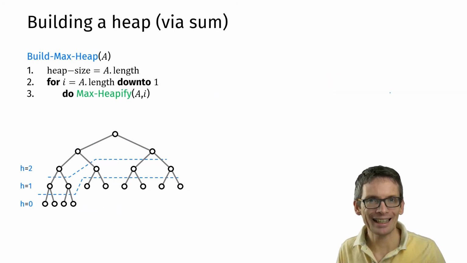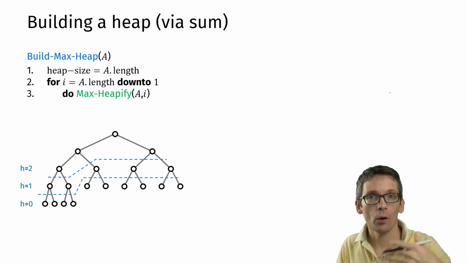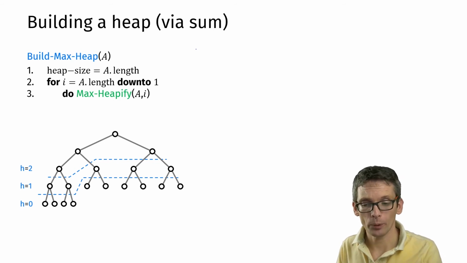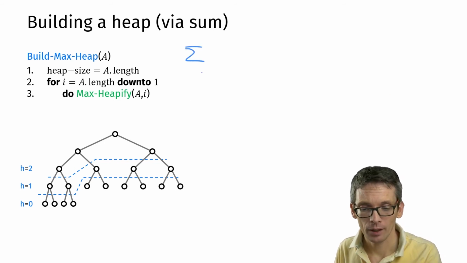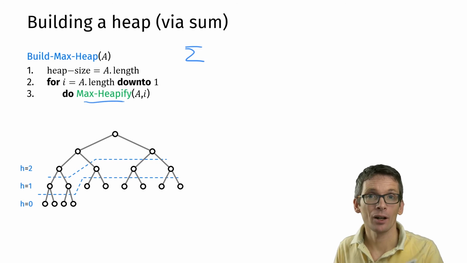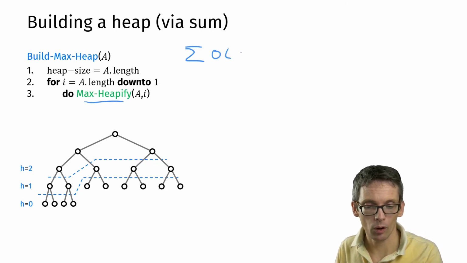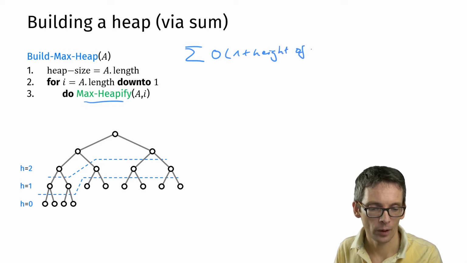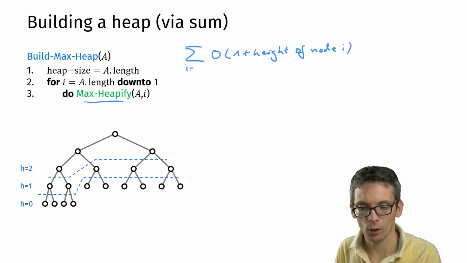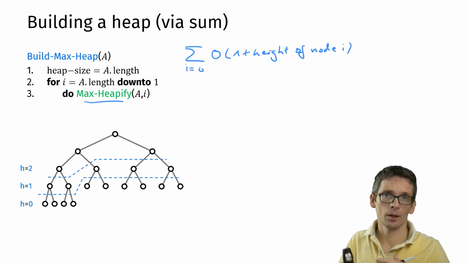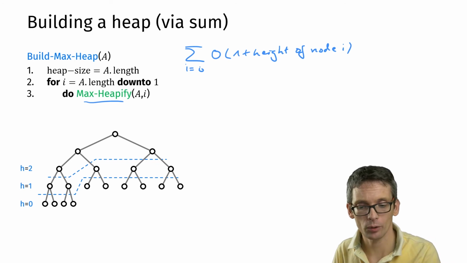Now let's also analyze this running time by simply summing up all the operations. A Max-Heapify on node I will take O of 1 plus the height of node I time. And I do this for all nodes. I could skip the height 0 ones, but let's also do those.